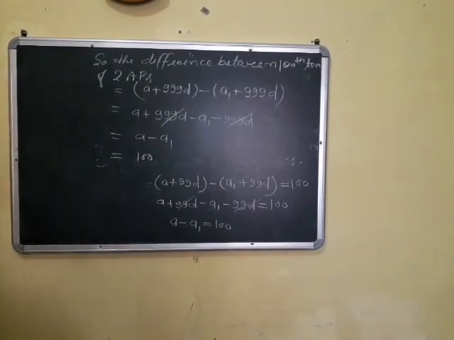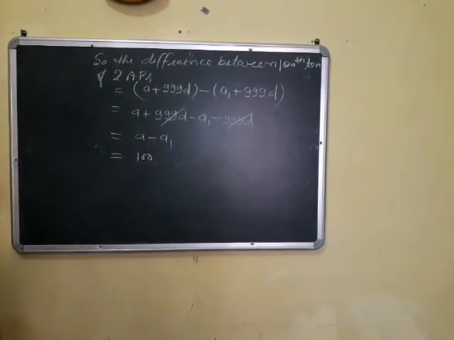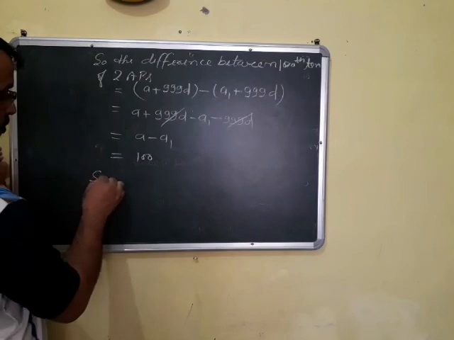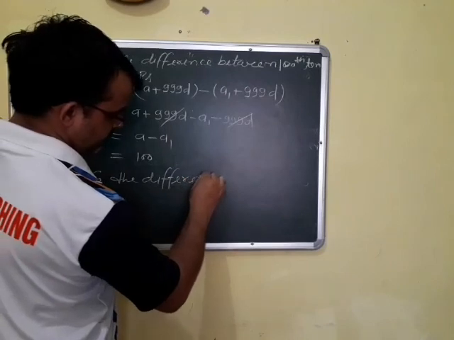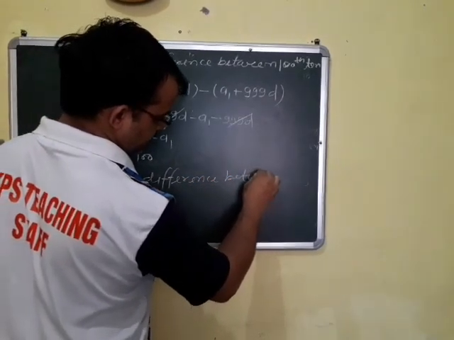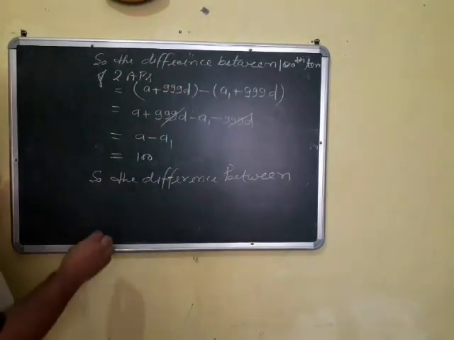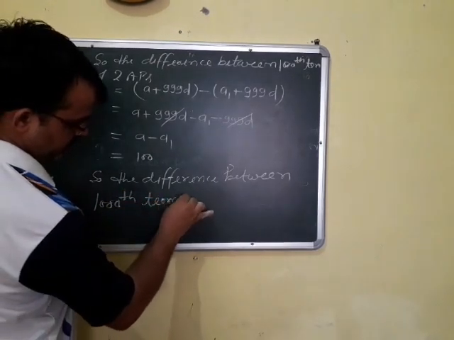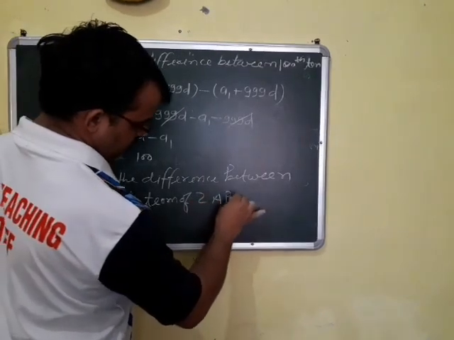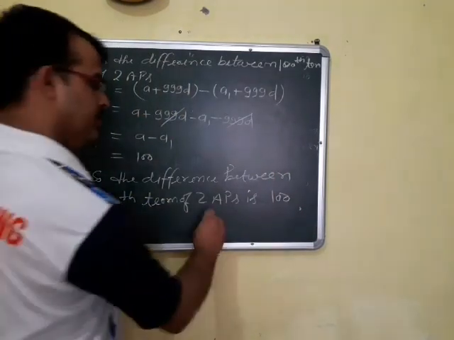Clear? So the difference between the 1000th terms of 2 APs is 100. Clear? It's your answer.